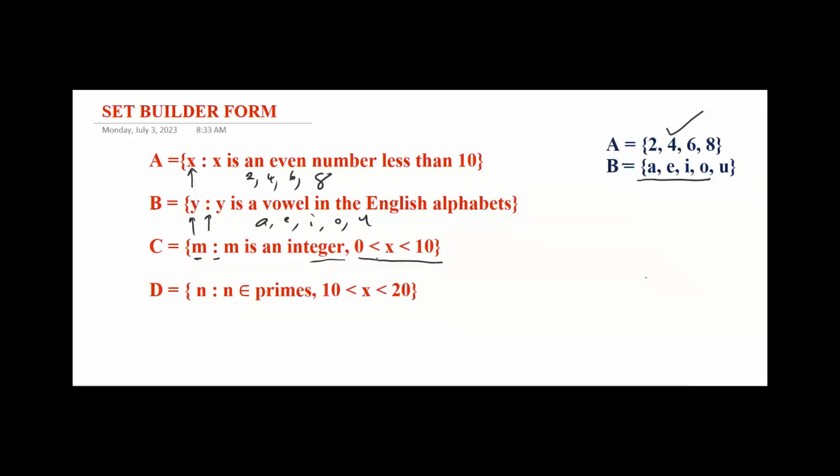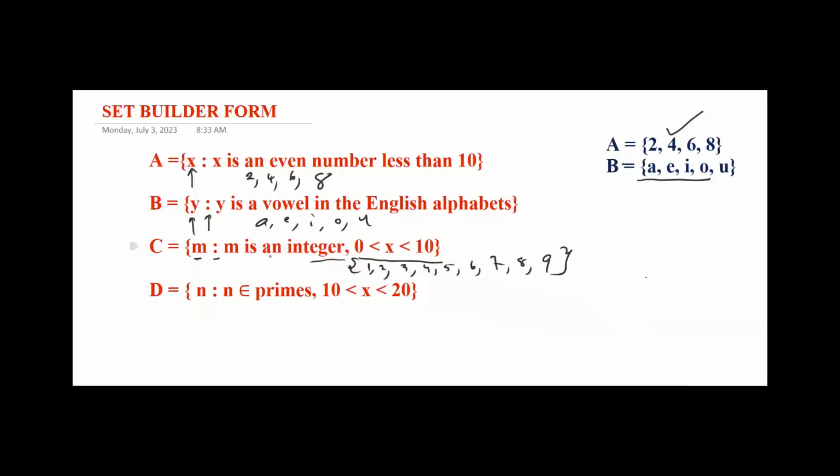So that is between 1 and 9. So we're going to have 1, 2, 3, 4, 5, 6, 7, 8 and 9. So that will be the elements in set C.